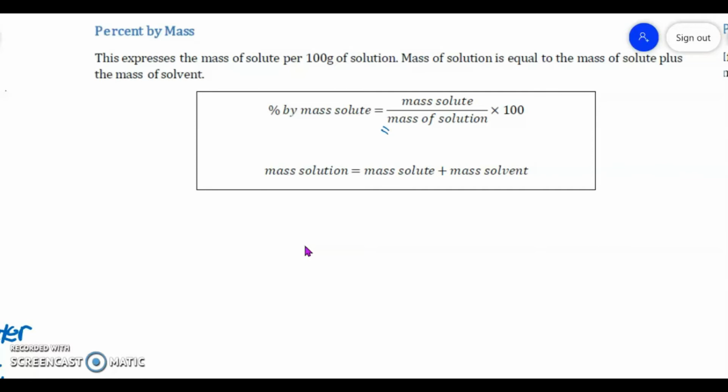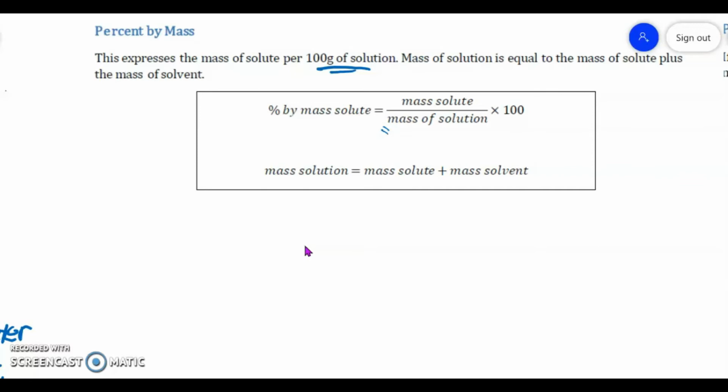By the way, percent by mass expresses the mass of solute per 100 gram of solution. This is constant, true and applicable for a solution of 100 gram.